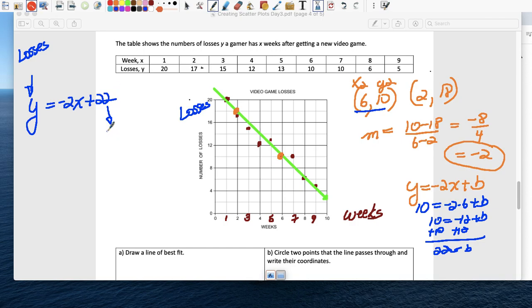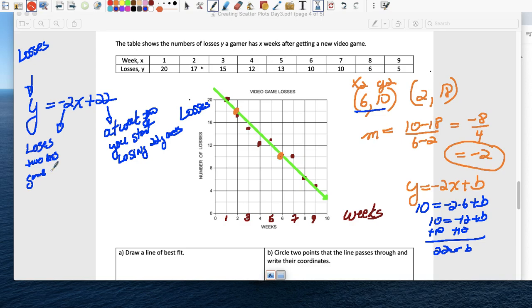Negative 2 is our slope, so that means that as the weeks progress, he loses 2 fewer games per week. Every week, 2 fewer games per week. And obviously, x is the number of weeks. So that explains A, B, C, D, E, F, etc.